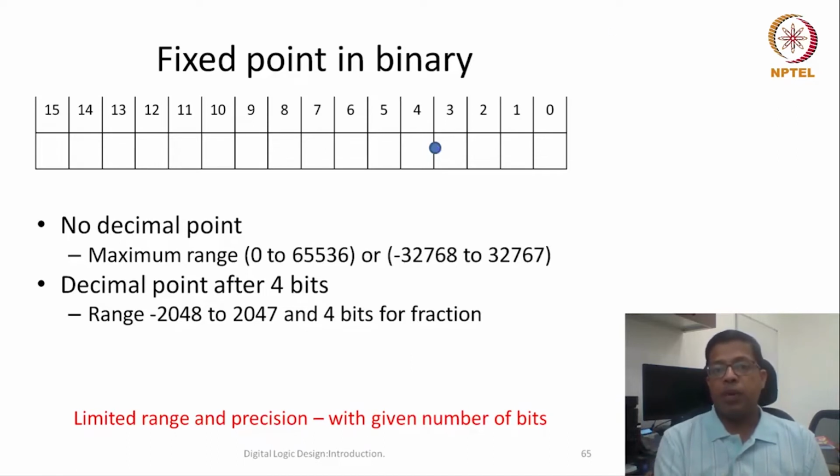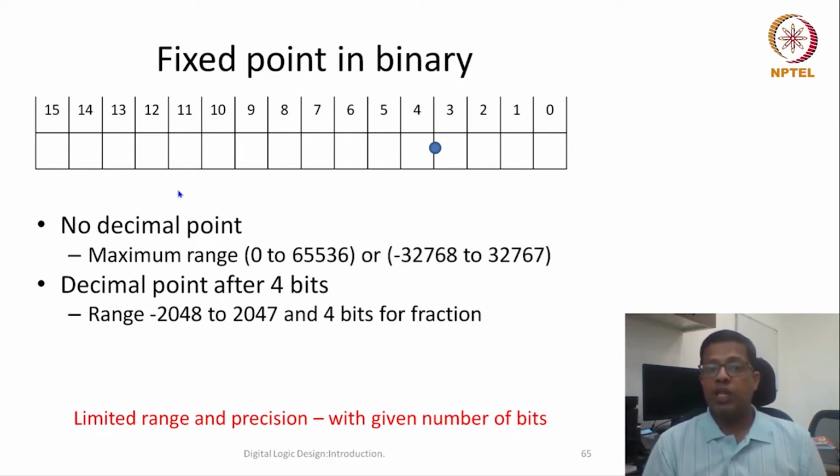So let us say my binary point is assumed at this location, where 4 bits, that means 0, 1, 2, 3, will form the fractional part, and bits 4 to 15 will form the magnitude part. Now this means that I have reduced the number of bits representing magnitude from 16 to 12.